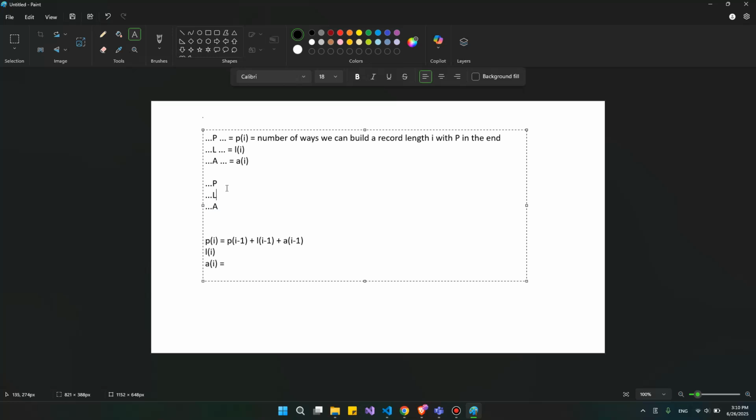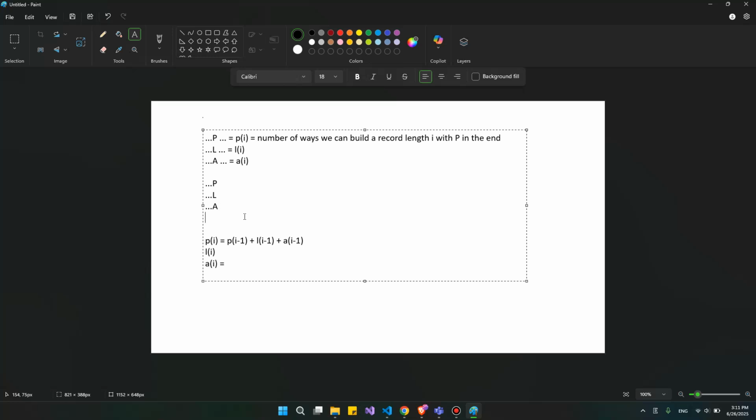If we are here, we need to know if there is any L and any A before P. If we have an A, we can make another A here, but if we are at A in the I minus one position, we cannot put an A here.